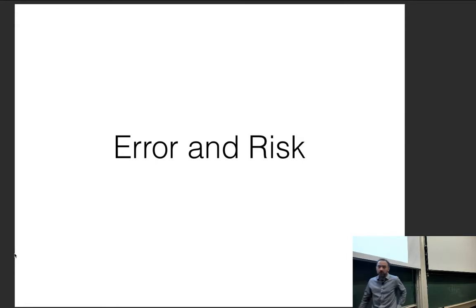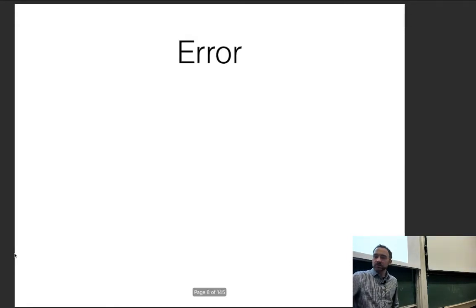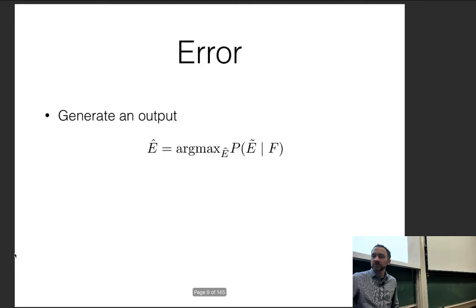Okay, so I'm going to talk about error and risk. I've already talked about error a little bit, but just to talk about it one more time, so that it's in everybody's minds. Error, basically, what we want to do is generate an output. So we take our argmax of our output given our input, or some other generation function, which I'm going to be talking about next time.